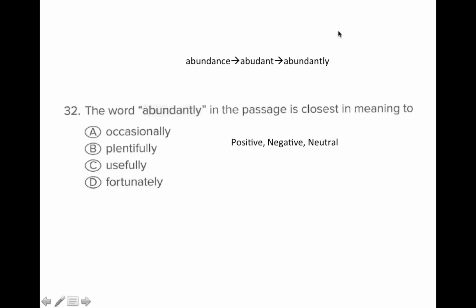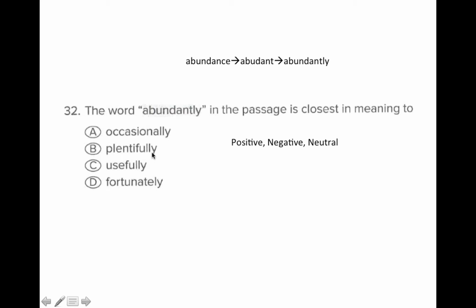Abundantly, again, looking at the derivation of it, abundantly is an adverb. It comes from the adjective abundant, which comes from the noun abundance. So looking for a word that comes back to a noun from an adjective or from an adverb can be helpful.